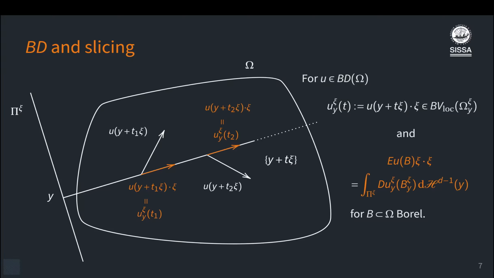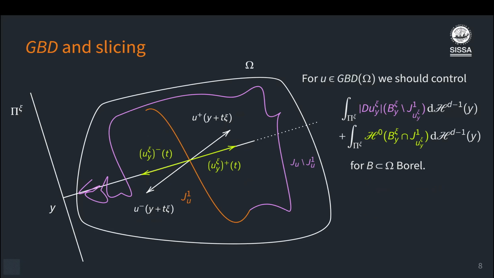The only thing is that here we cannot have the full derivative, right? Because as I was mentioning before, small jumps should be controlled, but large jumps should be controlled in a weaker sense. And the idea is that the object that we want to control is, again, the derivative of the slices on that part of the Borel set where the one-dimensional section is not jumping too much.